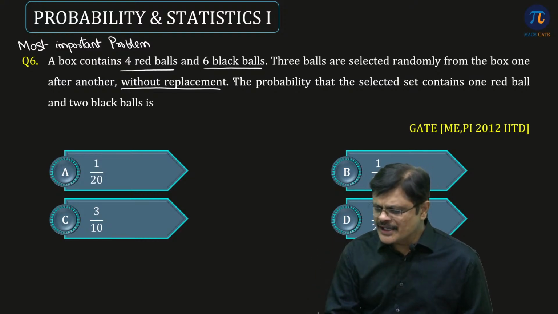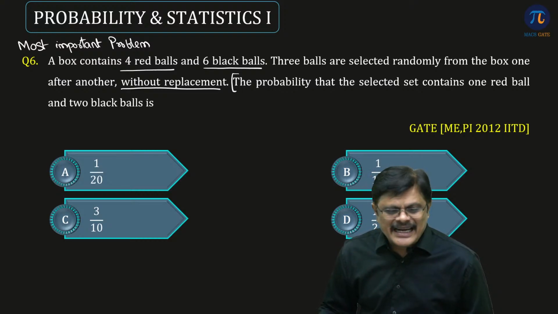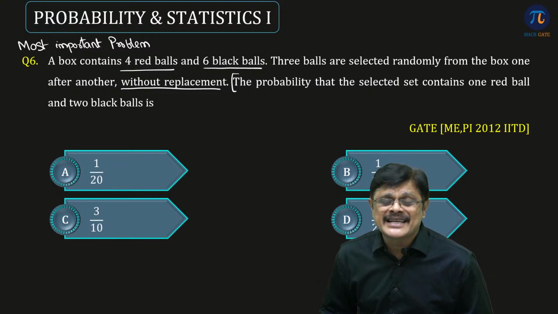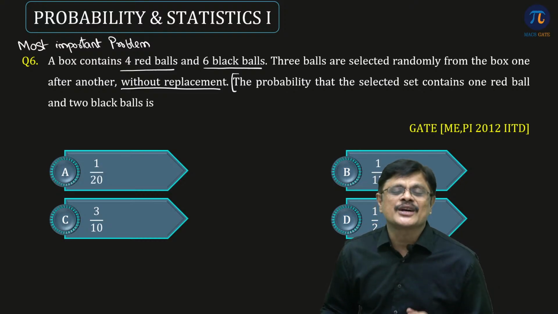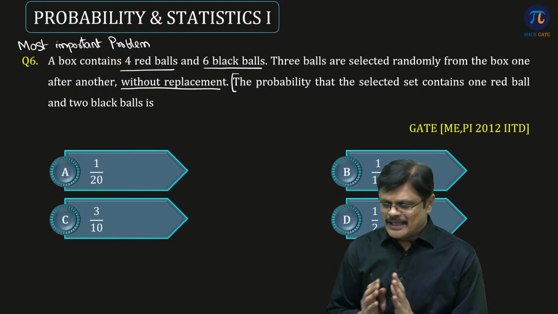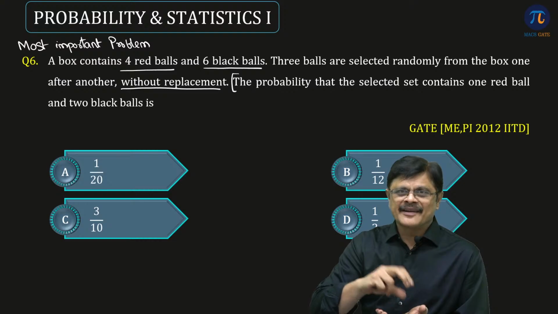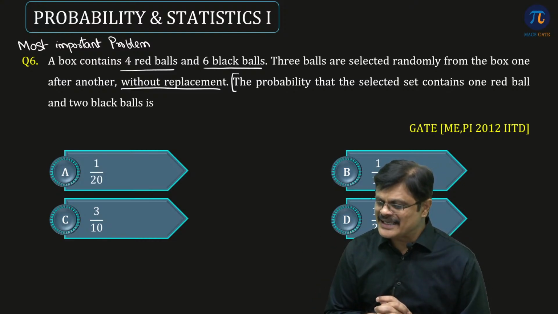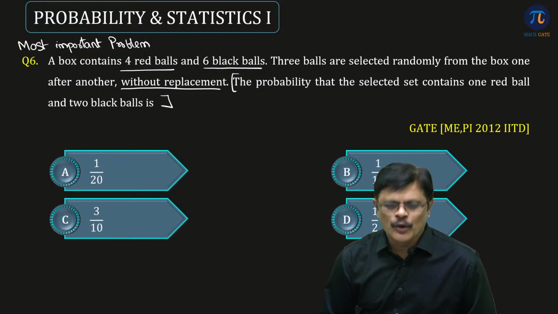Now the question is, what is the probability that the selected set contains 1 red and 2 black balls? This is the question. So we selected 3 balls one after the other without replacement. What is the probability that the selected set contains 1 red and 2 black balls?